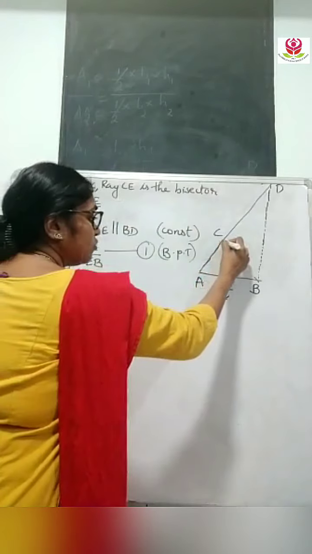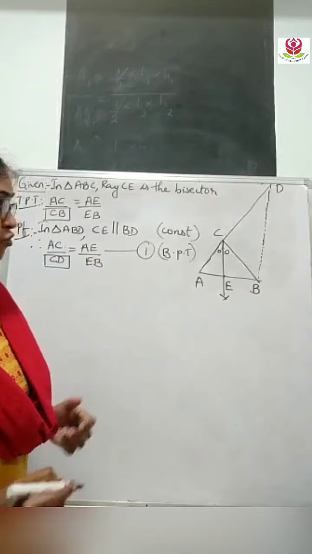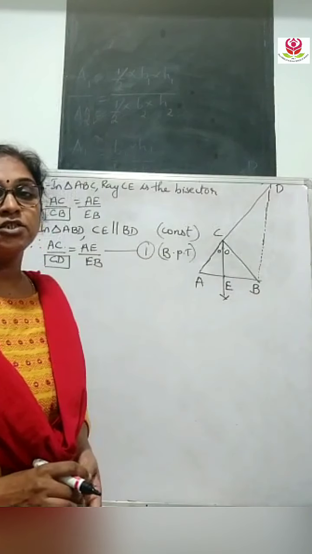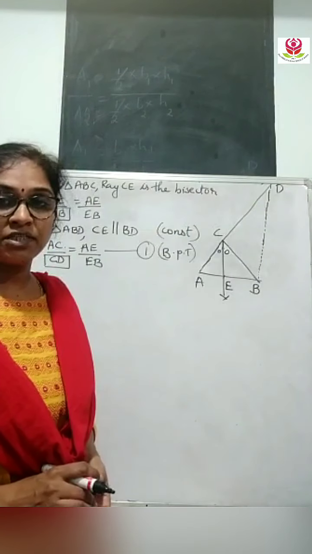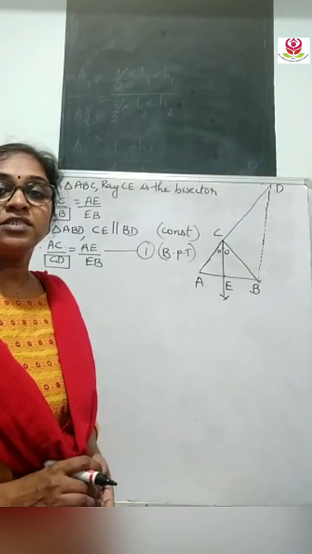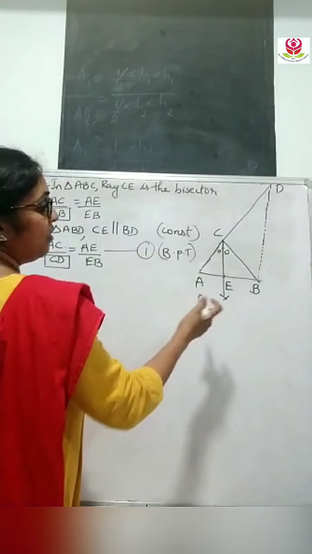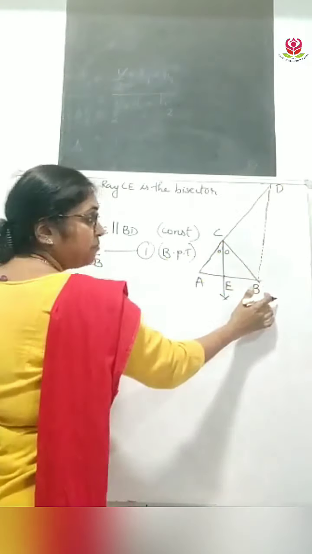So let us come back to the original figure. Now you have to use the parallel line concept which you have already learnt in your 9th standard. By taking a set of parallel lines and a transversal, you can get various angles which are congruent to each other. So now you have to observe CE and segment BD.